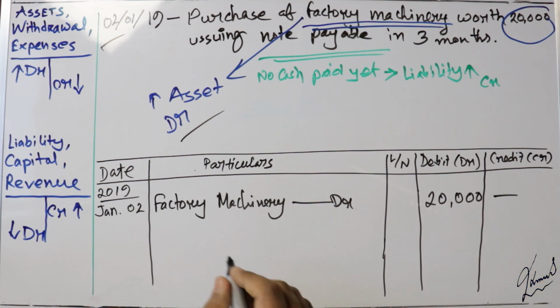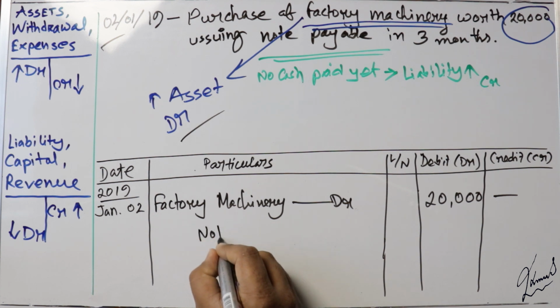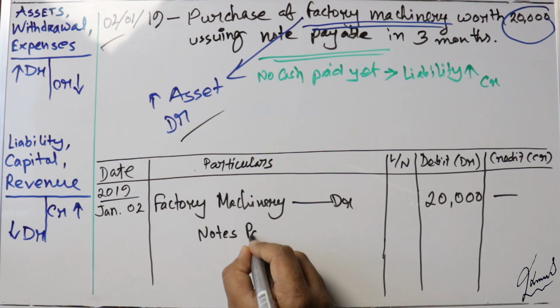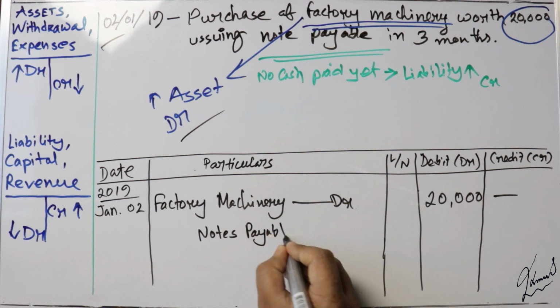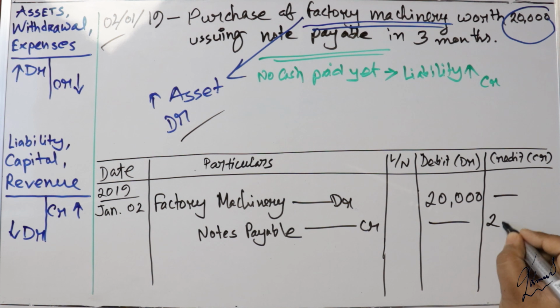Then we can write the credit account, that is notes payable. Since we are issuing a note which is payable at a later time, the account title is notes payable, a very common title, and the amount is 20,000 under the credit column because it's a credit account.